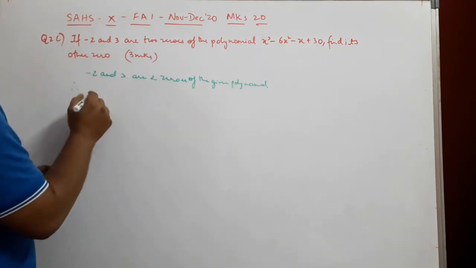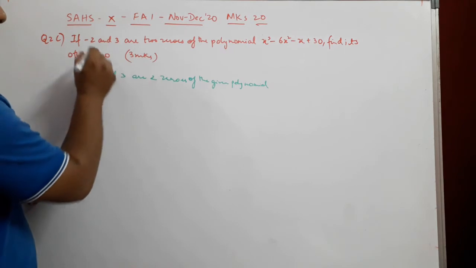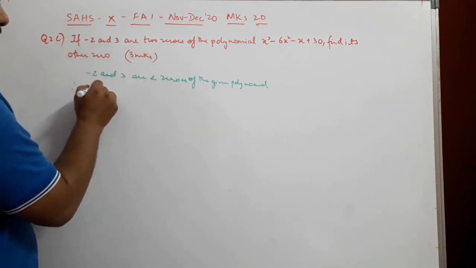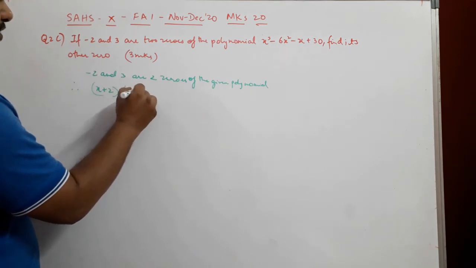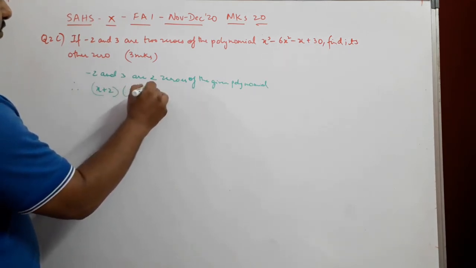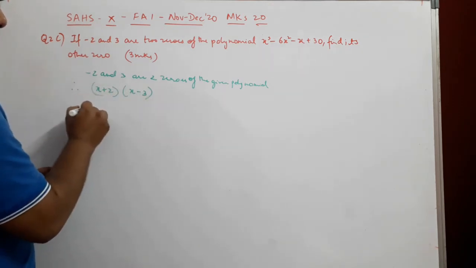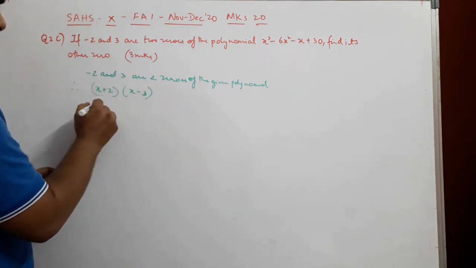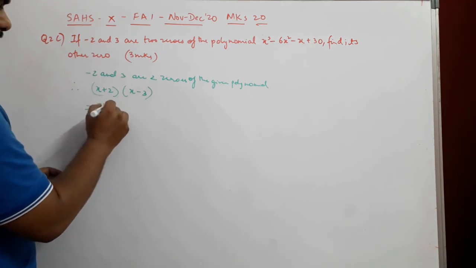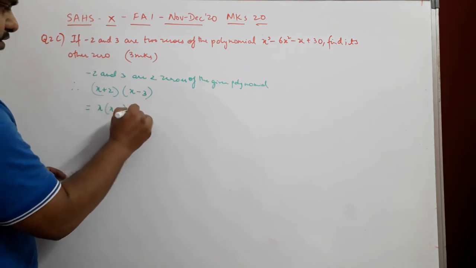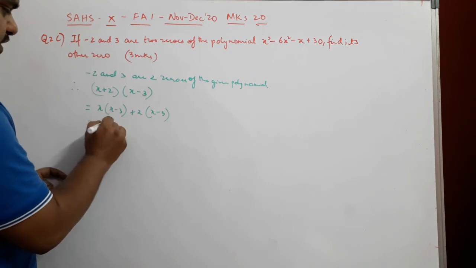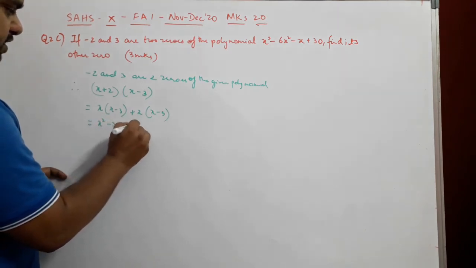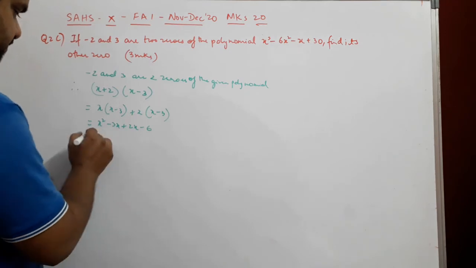Therefore, we need to now find the equation that gave us these two zeros. So this would be x plus 2 into x minus 3, and if we multiply these two brackets, x into x minus 3 plus 2 into x minus 3, we will get x square minus 3x plus 2x minus 6.